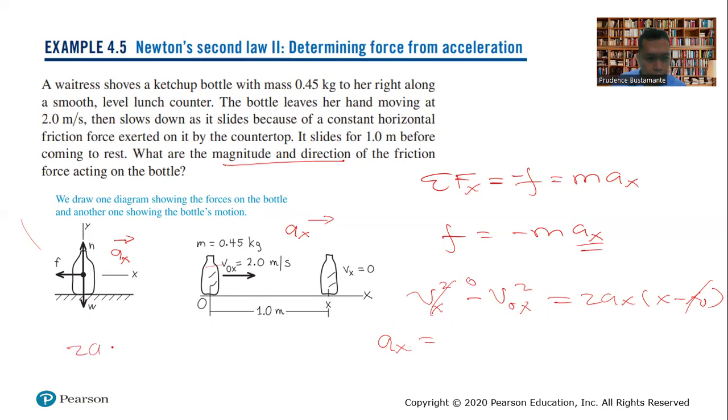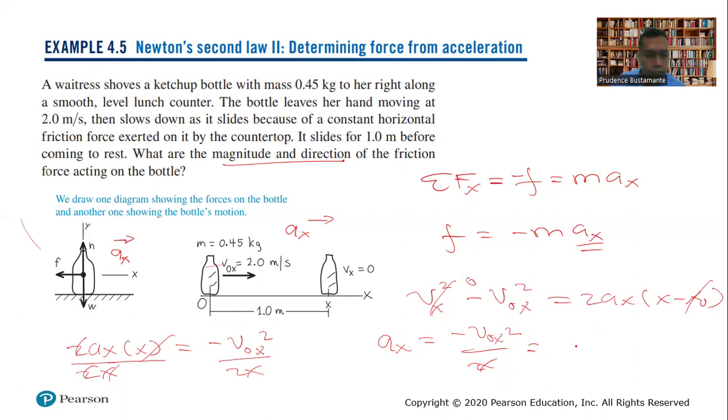So 2 times the acceleration along x times x is equal to negative v sub ox squared. Dividing by 2x, we have negative v sub ox squared over 2 times x.